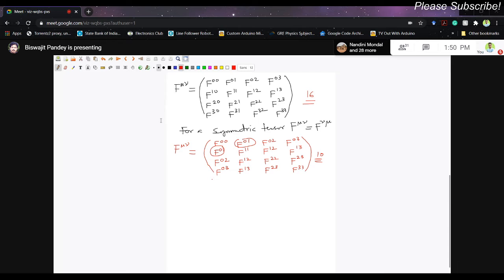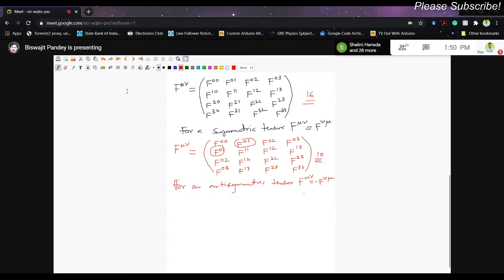So for an antisymmetric tensor, we have f mu nu equal to minus f nu mu. So if you change the indices, you have a change in the sign.